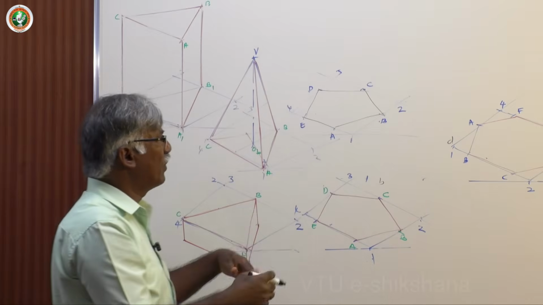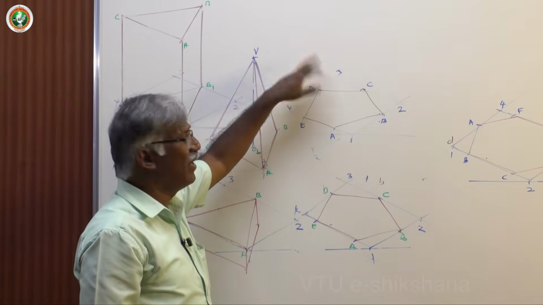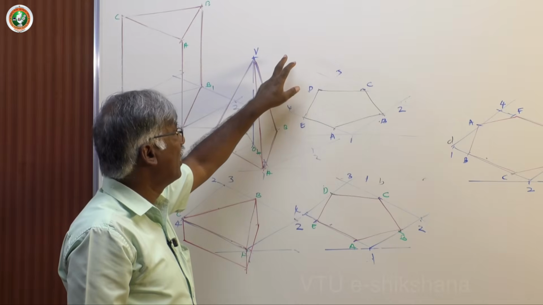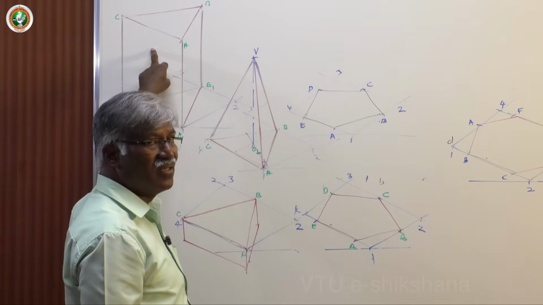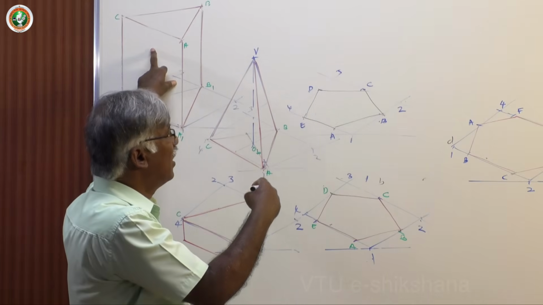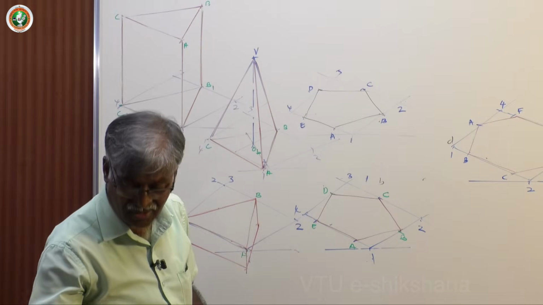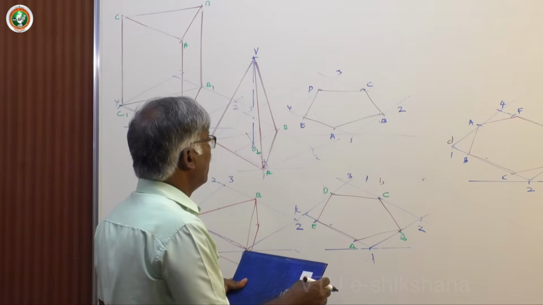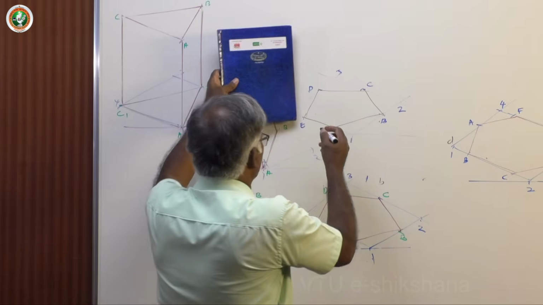Same procedure for the prism. You draw vertical lines, okay, and then fix the distances, 60 mm throughout, and then join the top corners. Okay, 60 mm height.